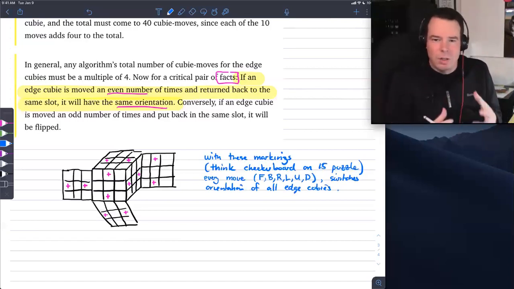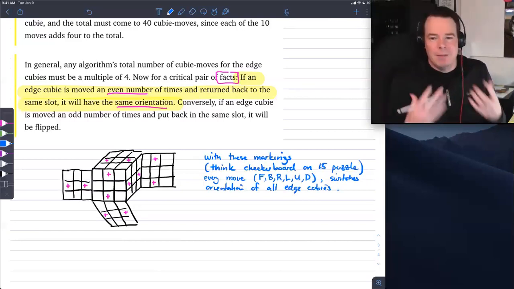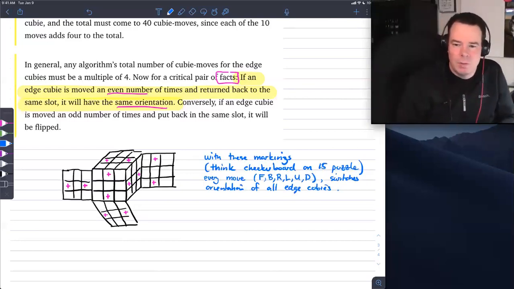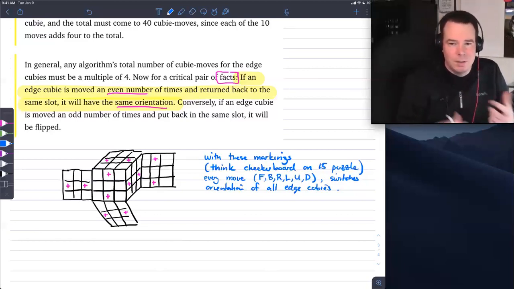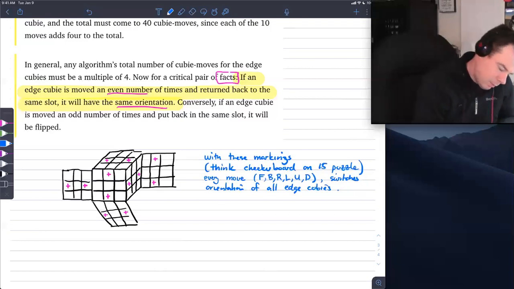So in order to start at the same spot that you're going to end at, and to have the same orientation, you have to move an even number of times, because every time you move, the orientation of your edge cubie is flipped in relation to the orientation marking.